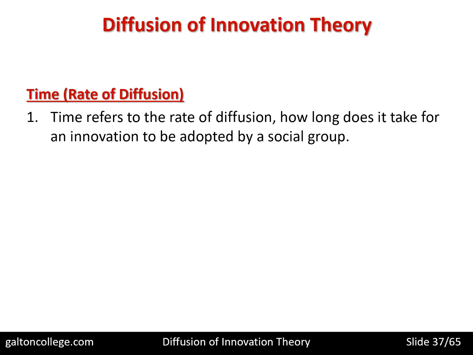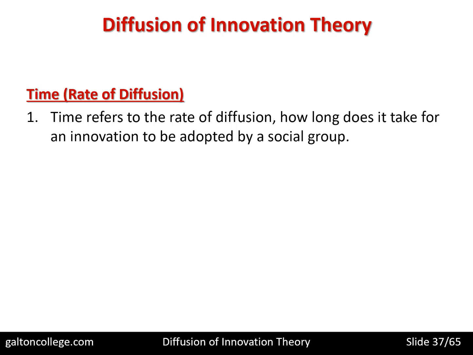And the dream of the innovator is to have their innovation adopted. But they must start with the first customer, and they must try and build it up to a large number perhaps, and to do that over a given period of time. The longer it takes, the slower the rate of diffusion.